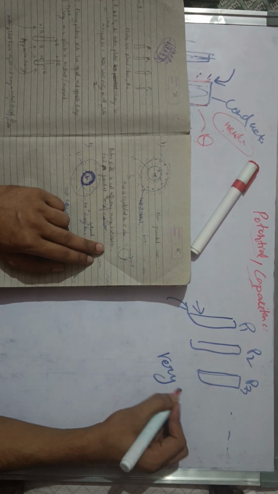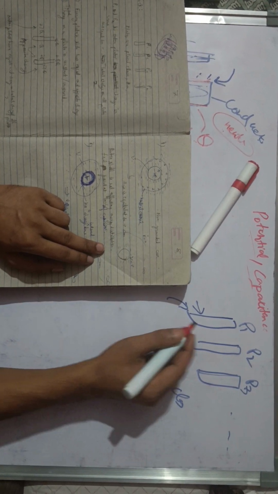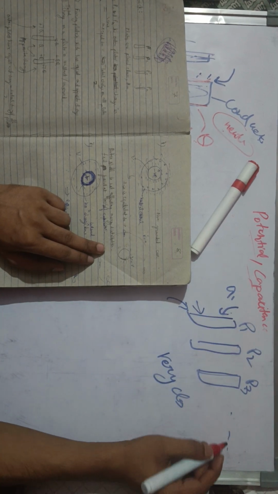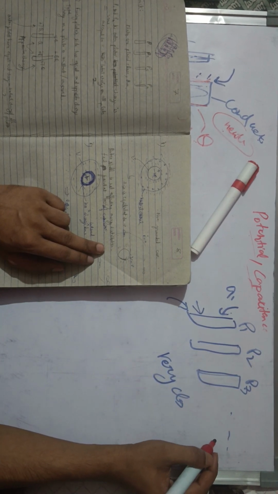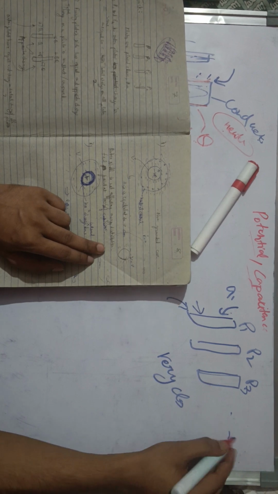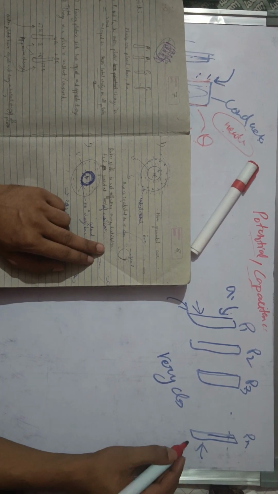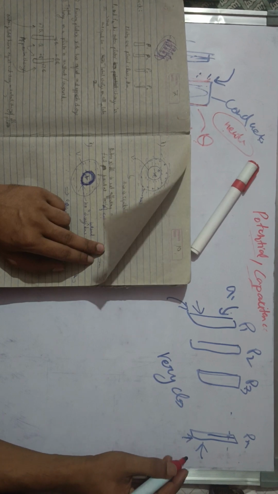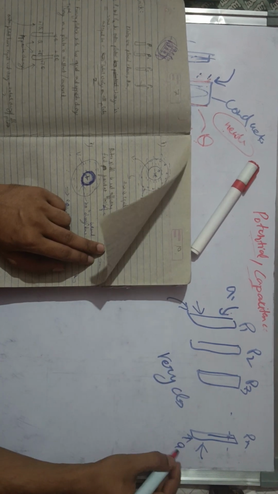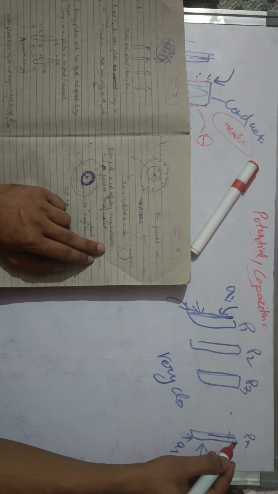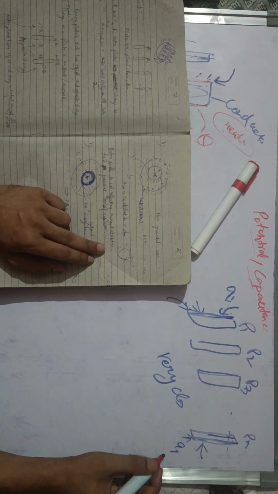If these plates are very close, and this side has charge q1, and let's say this is the last plate Pn, then this side also has charge equal to this q1 value. If this side has charge q1, then this side will have charge q1 also.